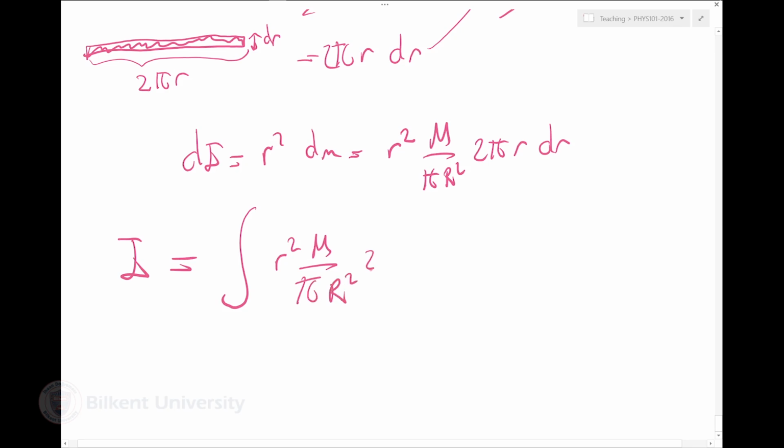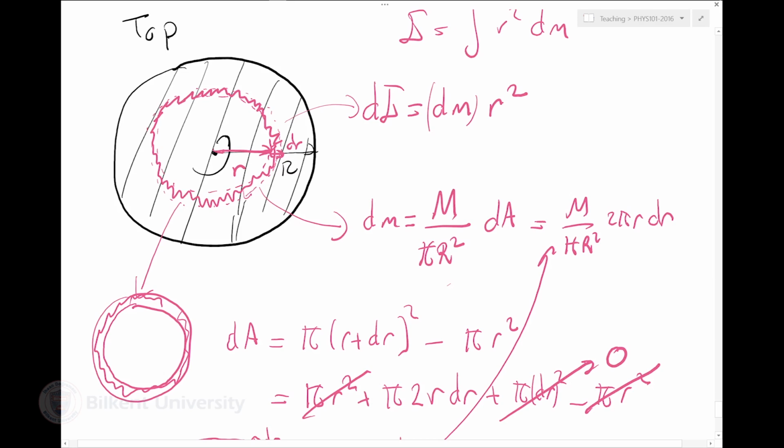What are my integration limits? These thin slices will start at 0 radius and go all the way up to capital R.